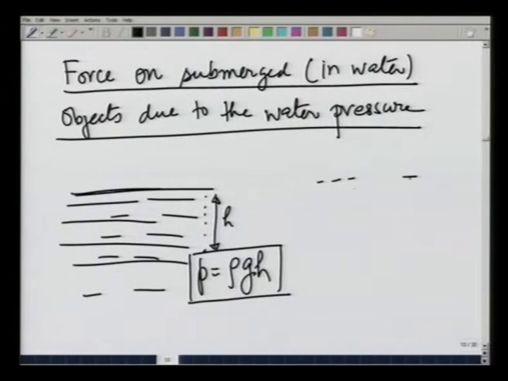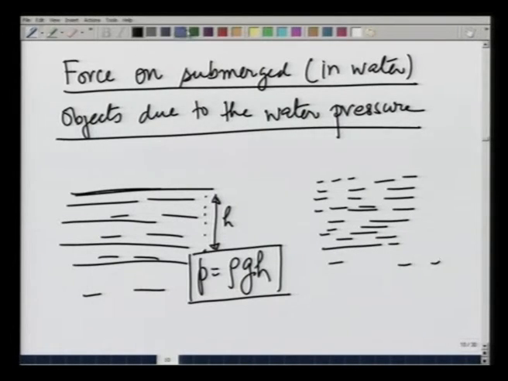For example, we will take a simple example. If I have a plane sheet here, it will be experiencing a force here, which will be given by the pressure at this depth, and at lower depth the pressure is going to be lower, and therefore, the force is going to be lower.